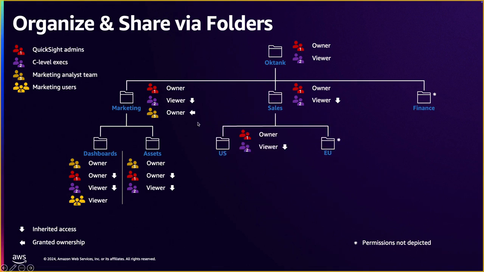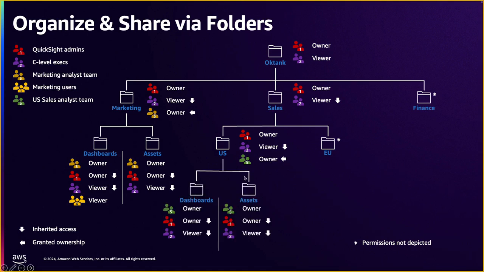Likewise, for sales, let's say there is a regional component to it. Let's say there are separate teams working with US and EU. And in that case, the QuickSight admin team can create further subfolders. And let's say for the US subfolder, they give the ownership permission to the US sales analyst team. And then the same pattern repeats, right?